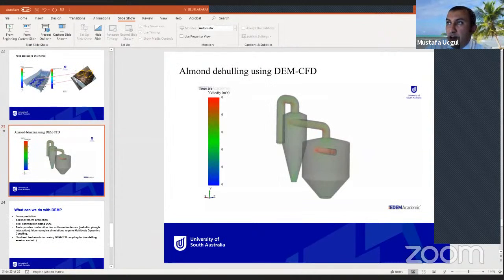Or we can do DEM and CFD coupling, so that we can analyze the flow of the particles.